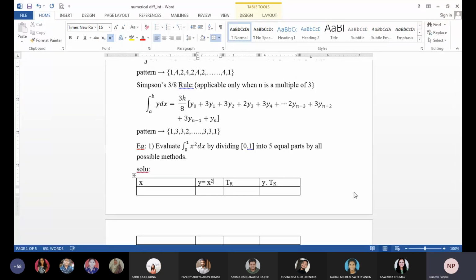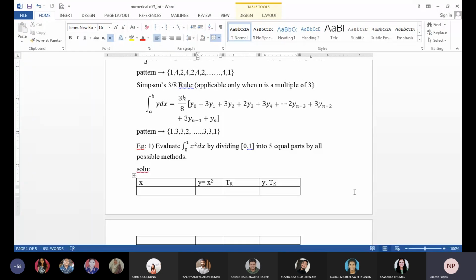Fine. So we have to evaluate the integration from 0 to 1 of x square by dividing the interval 0 to 1 into 5 equal parts by all possible methods.